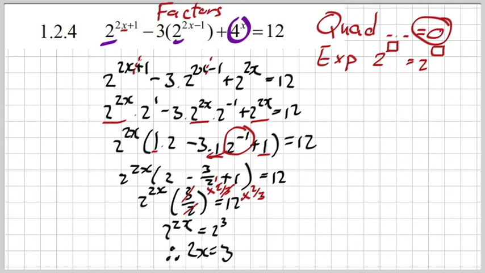Because the 2 in the bases are the same, therefore my exponents must also be the same, because left is equal to right. So it's equating the exponents. It's making them equal. And therefore, x is equal to 3 over 2 is my only solution.